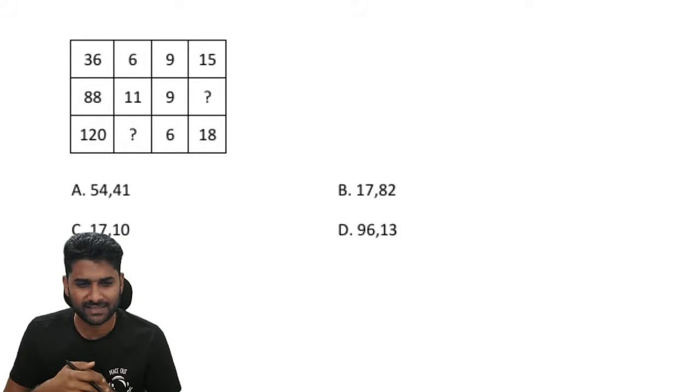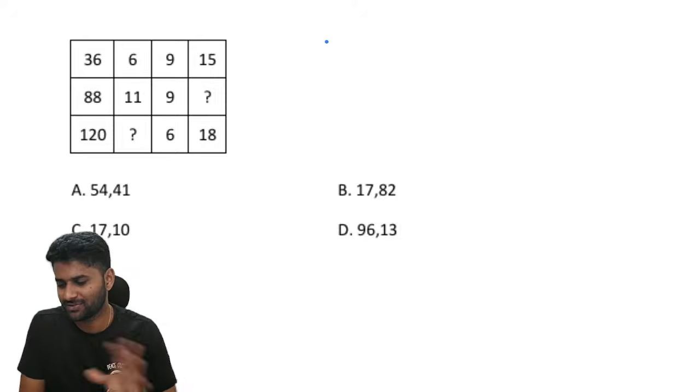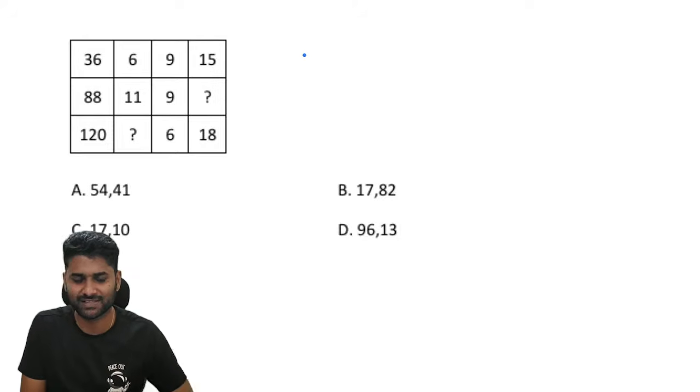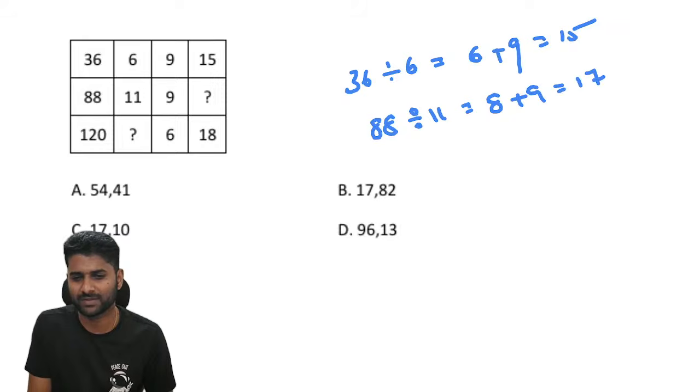The numbers are 36, 6, 9, 15, 88, 11, 9, dash, 120, dash, 6, 18. So, see, I told you now, if you solve the previous questions, it's easy for you to recognize the logic. 36 divided by 6 is 6. And 6 plus 9 is equal to 15. 88 divided by 11 is 8. 8 plus 9 is equal to 17.